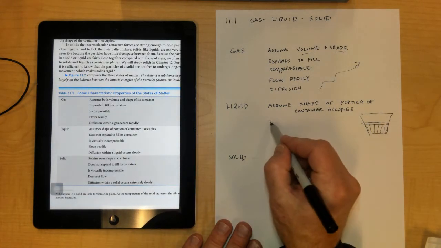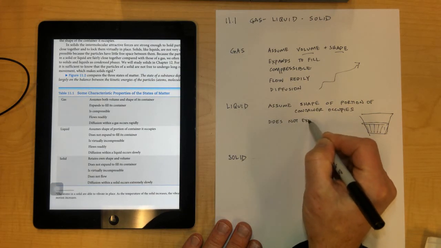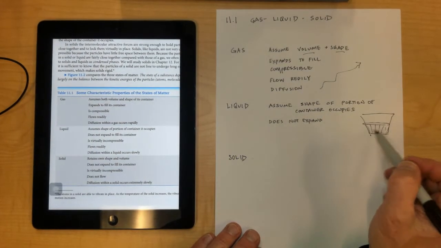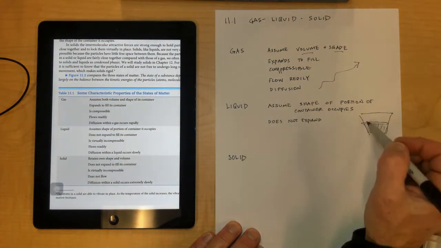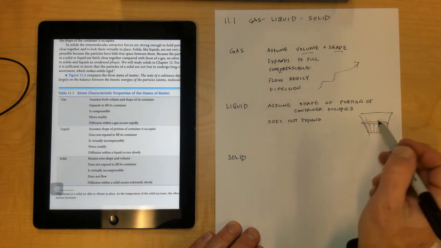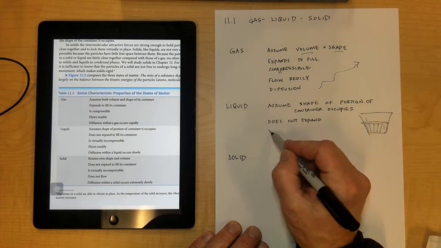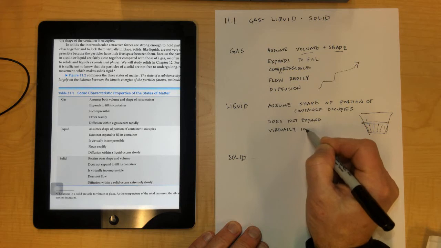It does not expand, as we just illustrated here. It's only going to fill a portion of this container. It doesn't expand to fill the whole thing, whereas a gas would fill the whole thing. It would even escape from it if it didn't have a cover. It's virtually incompressible.